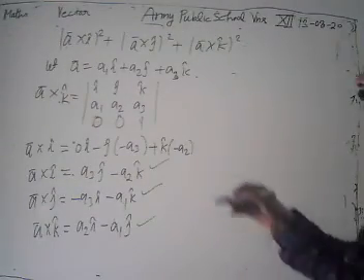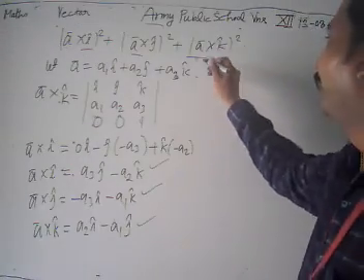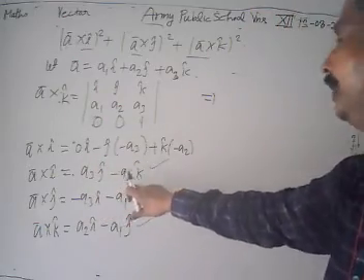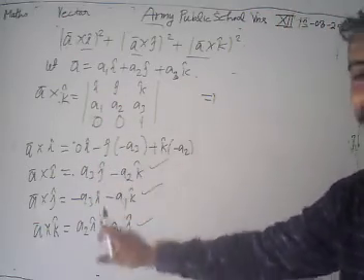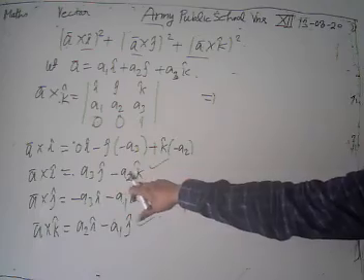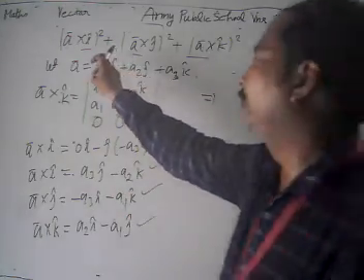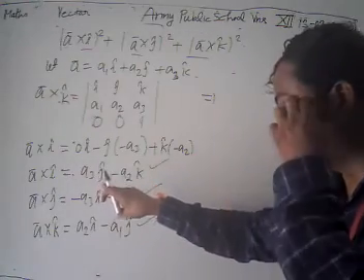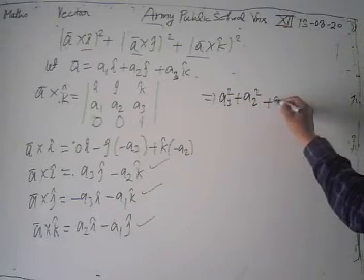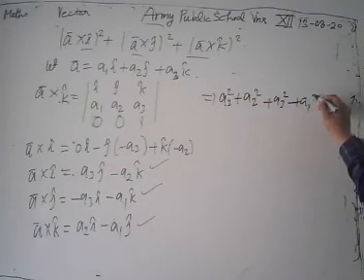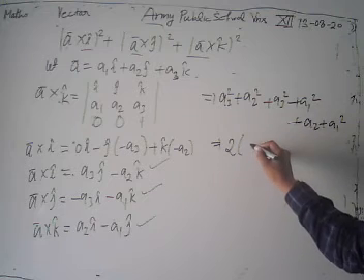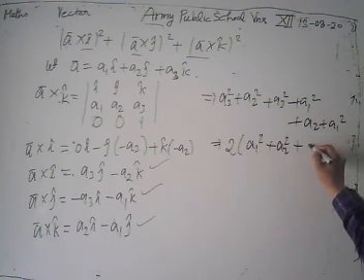Now we have to find the magnitude. Putting these values in, and taking the modulus of A cross i cap under the square root, when we square it we get A3 square plus A2 square, plus A3 square plus A1 square, plus A2 square plus A1 square, which means 2 times A1 square plus A2 square plus A3 square.